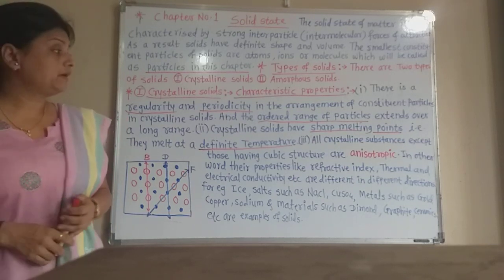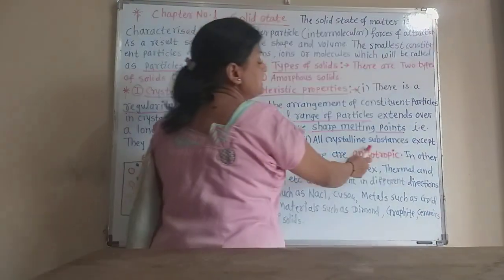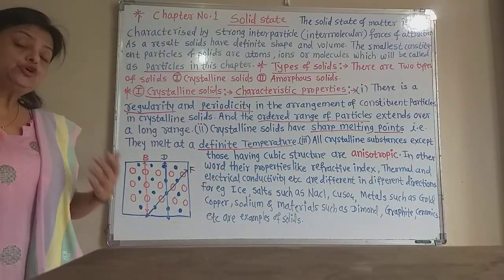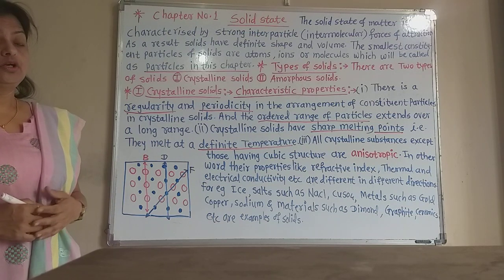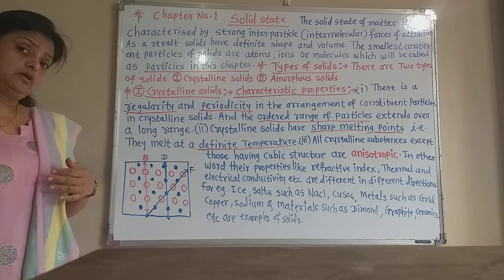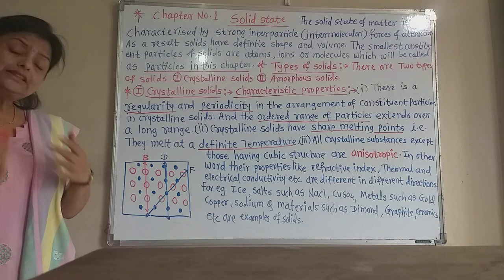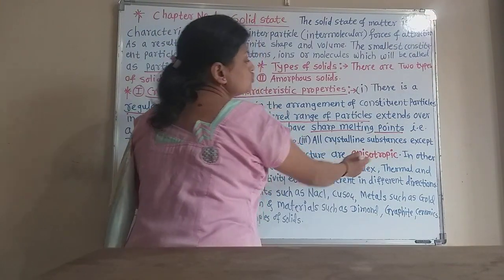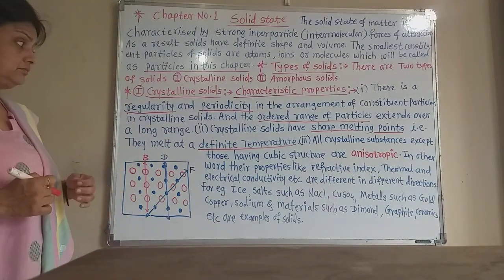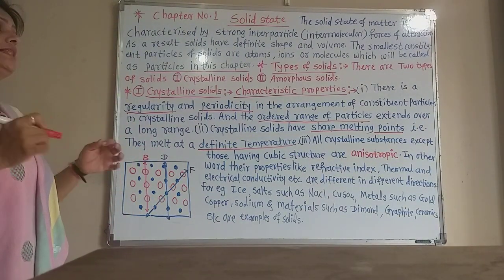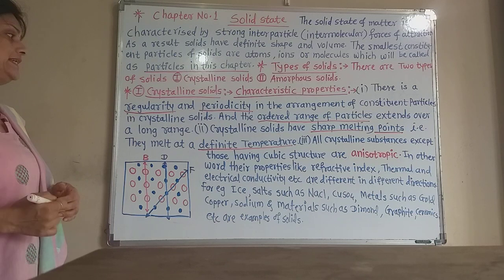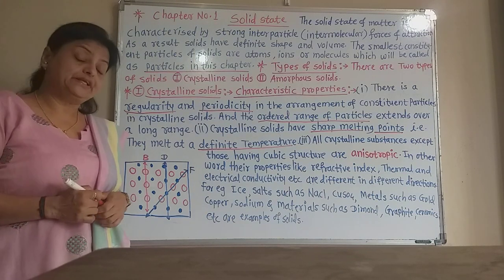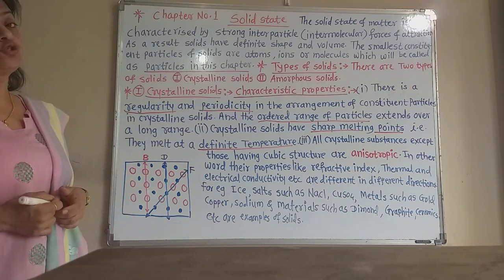Again, the third property is that all crystalline substances except those having cubic structure show anisotropy. Besides cubic solids, all other crystalline solids show anisotropy. What is anisotropy?